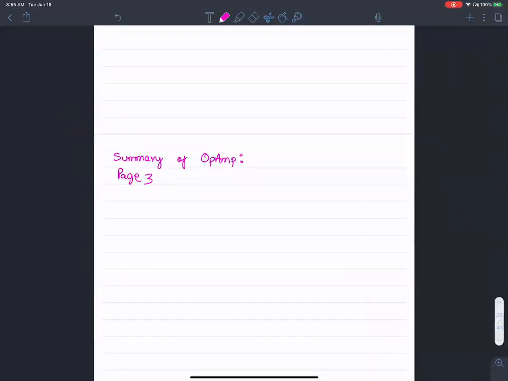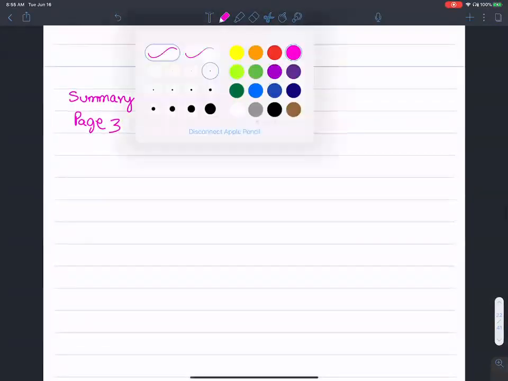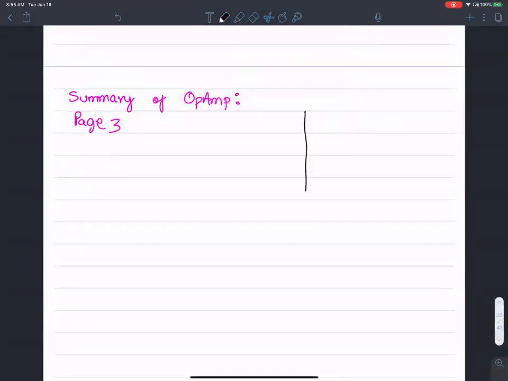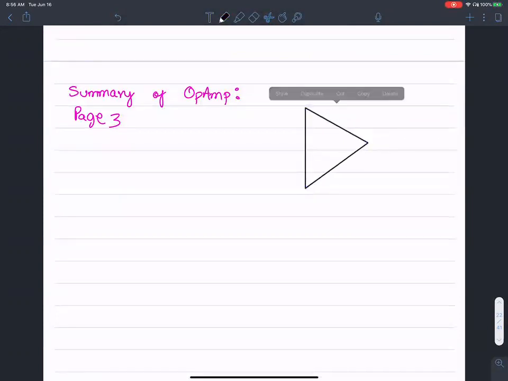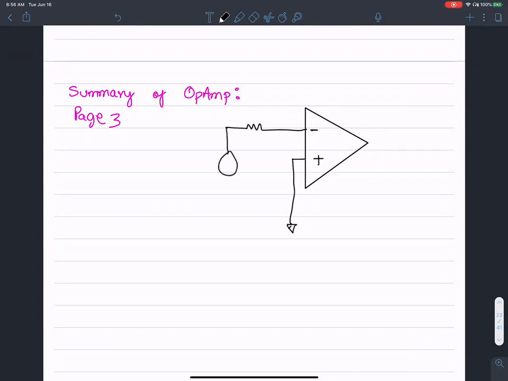We looked at 2 configurations of op-amps. All right, so the inverting configuration. There is a negative terminal, positive terminal. The positive input is tied to the ground. Okay, the input of the signal Vs is applied to the negative input terminal.